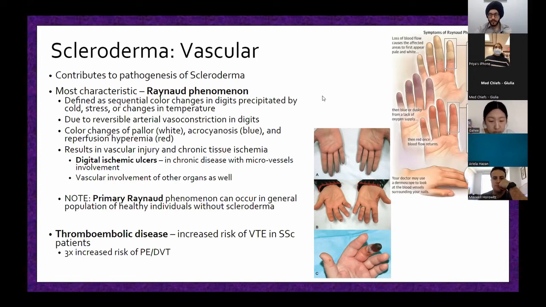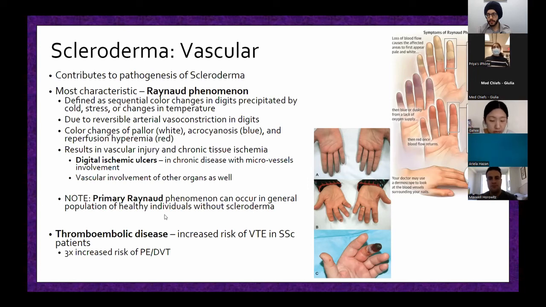These days, patients will come in. A lot of patients already know what Raynaud's is, or they have friends or family with Raynaud's, or they just Googled and self-diagnose themselves. Just as an FYI, primary Raynaud's can occur in the general population of healthy people who don't have scleroderma in numbers as high as 10 to 20%.